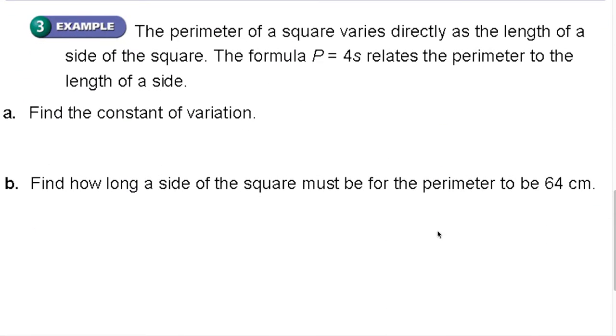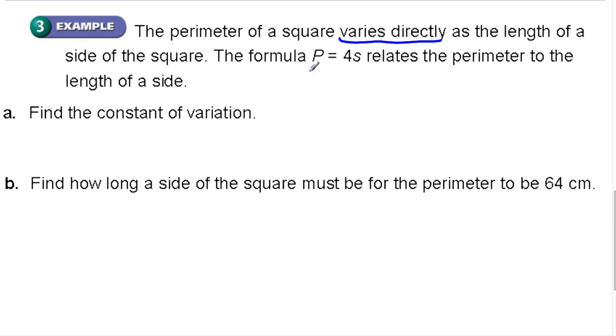All right, the perimeter of a square varies directly as the length of a side of the square. So again, we have varies directly as the length of a side of the square. The formula P equals 4S relates the perimeter to the length of a side.